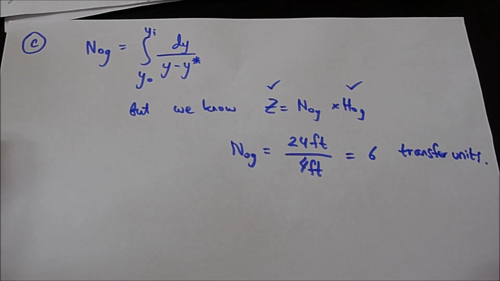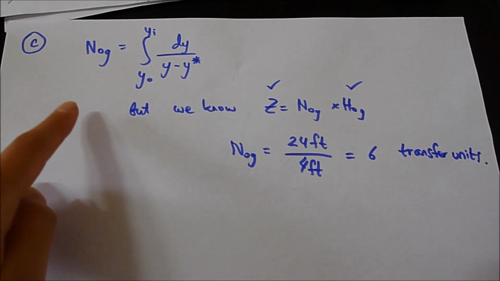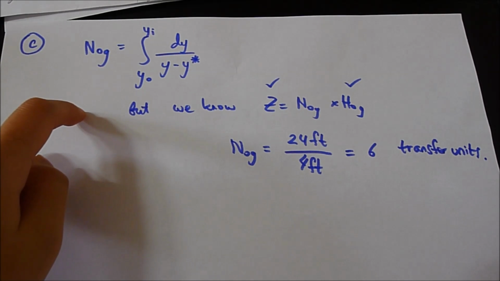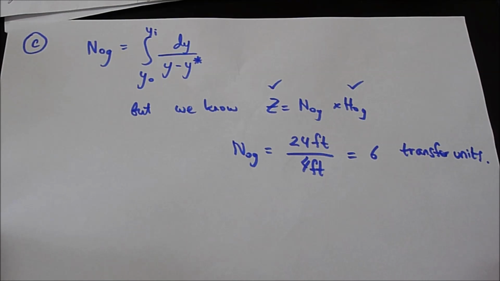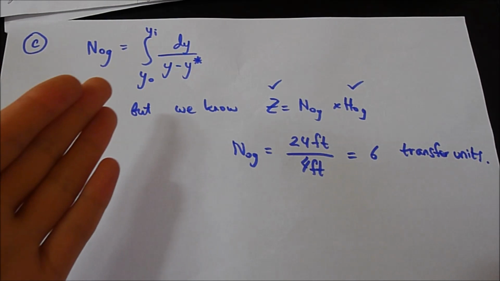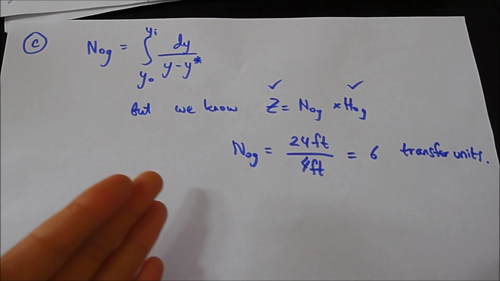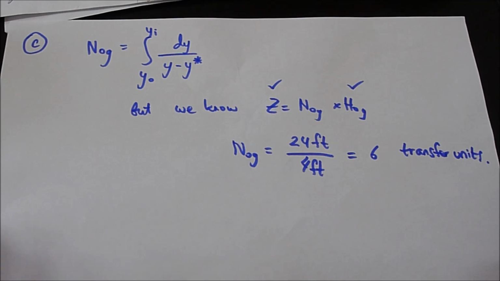So for part C, it's quite easy. We already know that the number of transfer units is equal to the integration of 1 over y minus y star. But why do we need to do that when we know that Z is equal to NOG times HOG? So we know Z and HOG, so we just find the NOG by dividing Z by HOG.